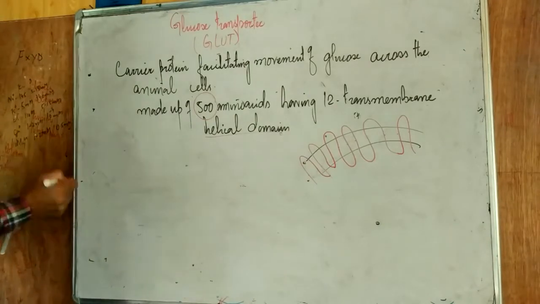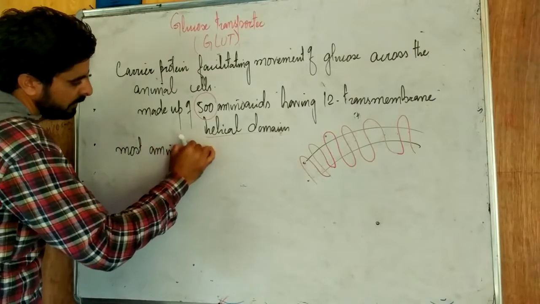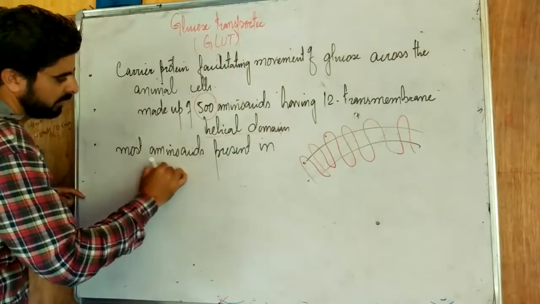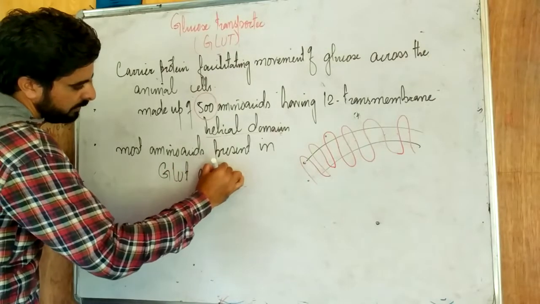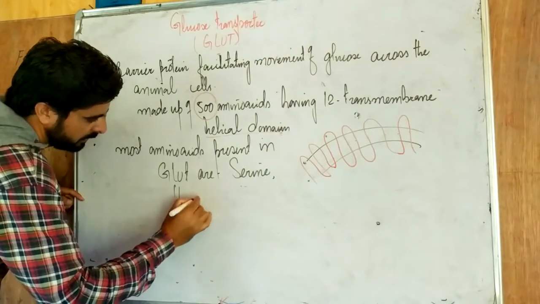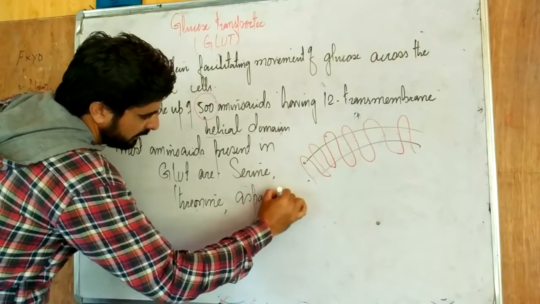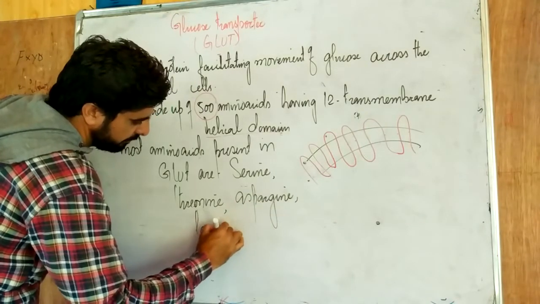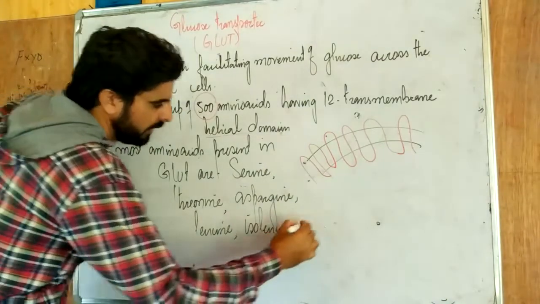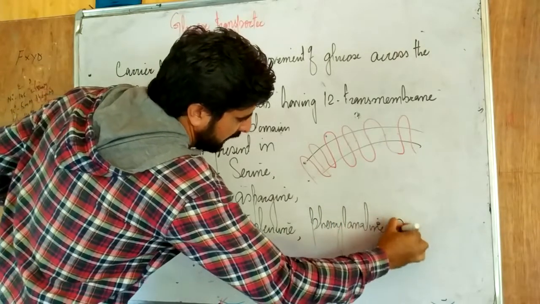The most important amino acids present in GLUT are serine, threonine, asparagine, leucine, isoleucine, phenylalanine, and valine.